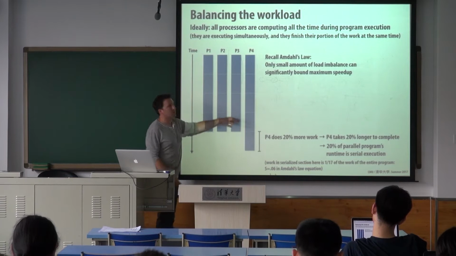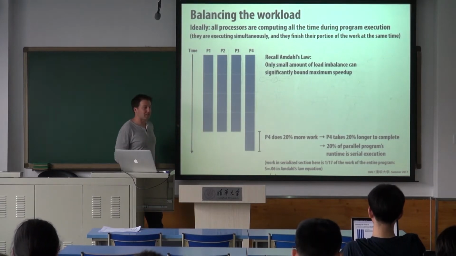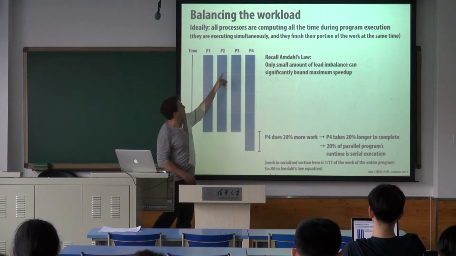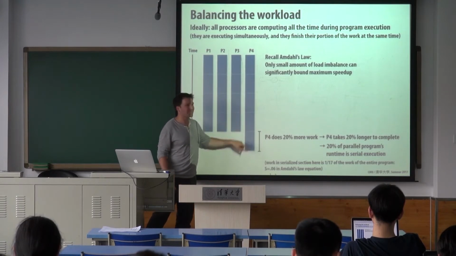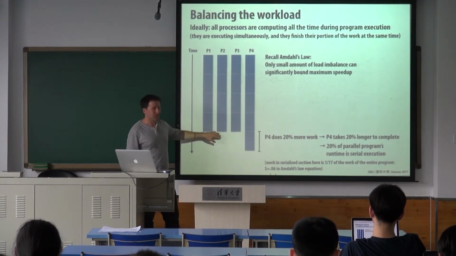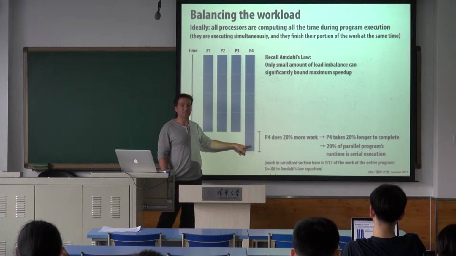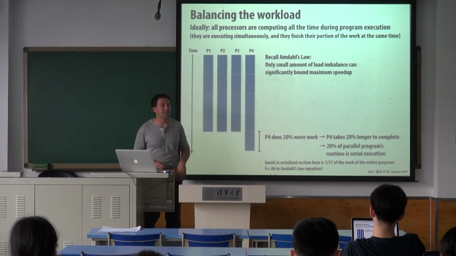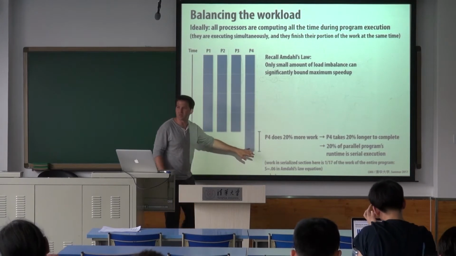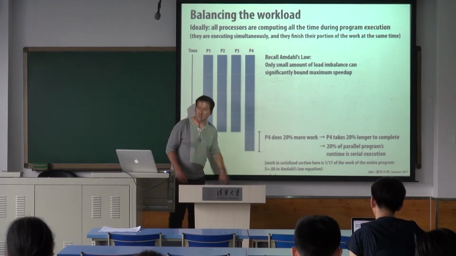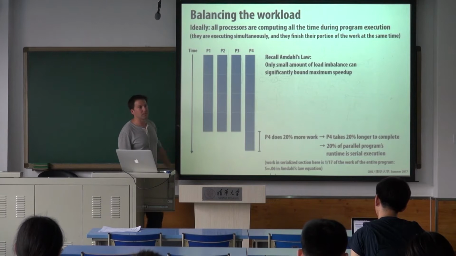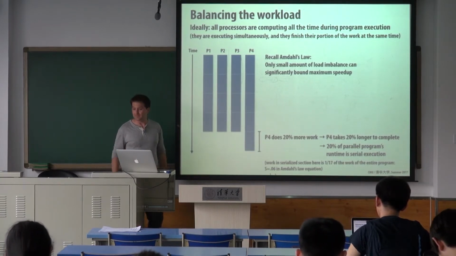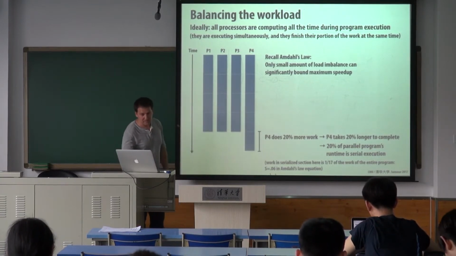So in this example, I might think I did a pretty good job, but out of 17 pieces of work, 1 out of 17 is sequential, which means that's about 7%. 7% of this program is sequential, and so the maximum speed up is going to be notably limited.